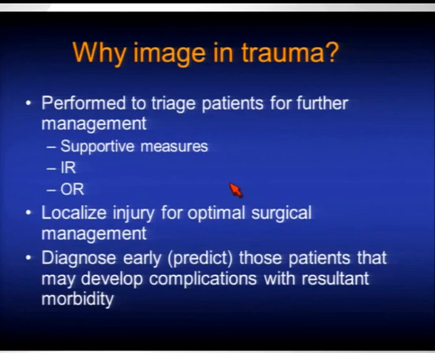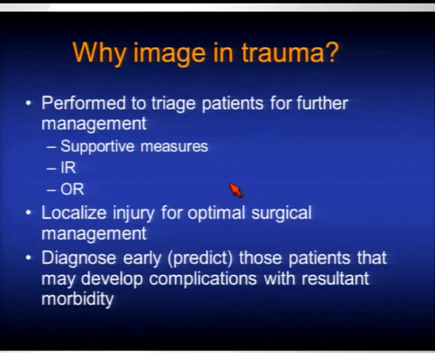One of the further management options is supportive measures, such as fluids, antibiotics, etc., or patients going for interventional radiology for embolization of bleeding sources, or alternatively patients going to the operating theatre.